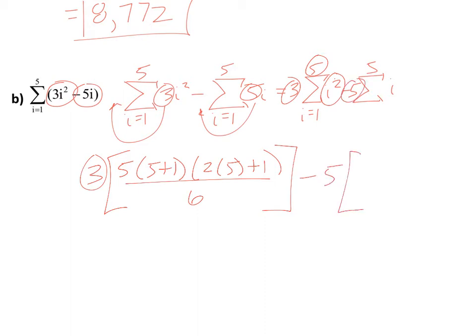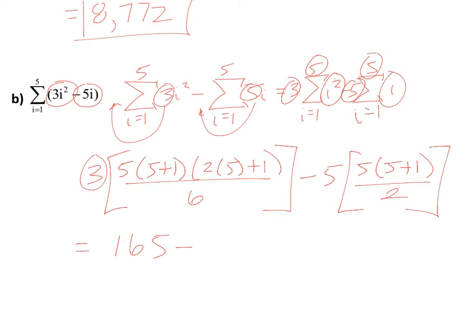And then applying the formula for i to the first power, I have n, which is 5. Okay, so I have 5 times 5 plus 1 all over 2. All right, we simplify those. Just be careful with your calculations. I have 165 minus 75 equals 90. Done.